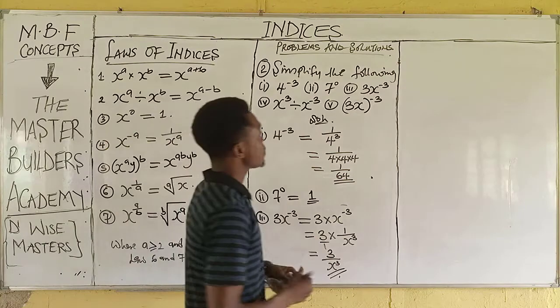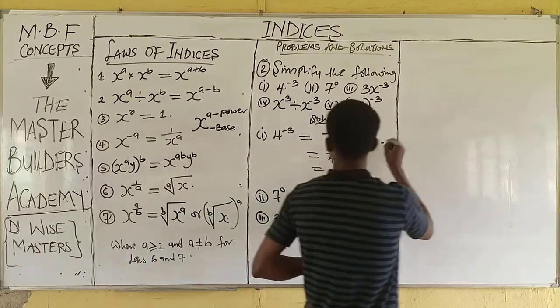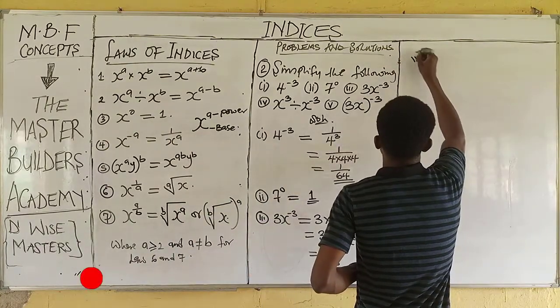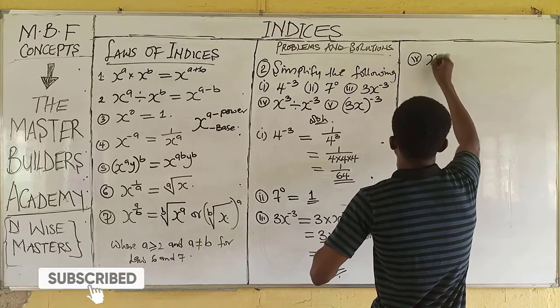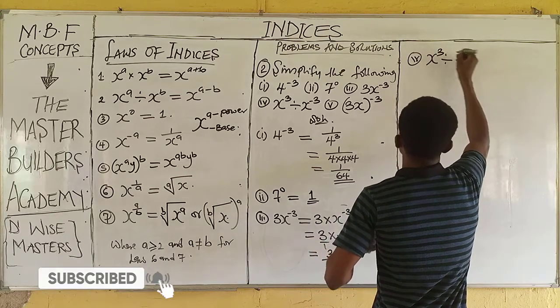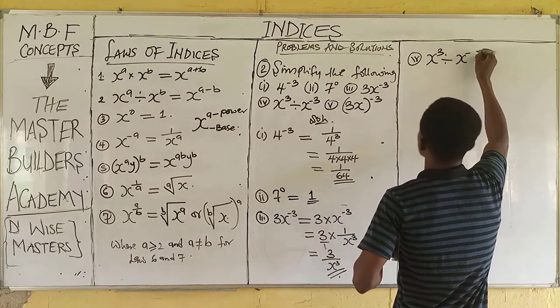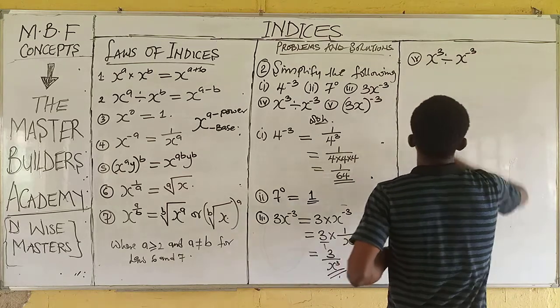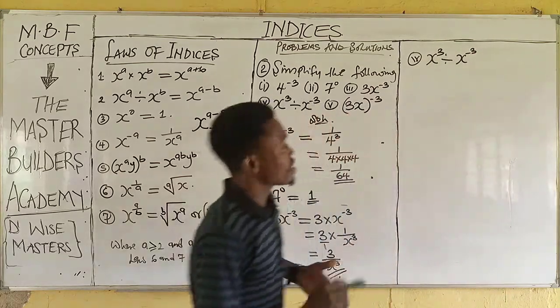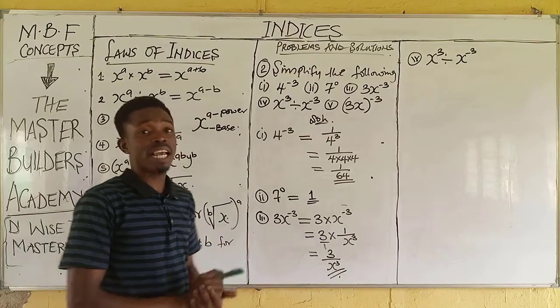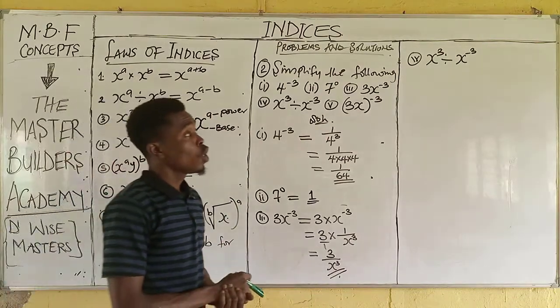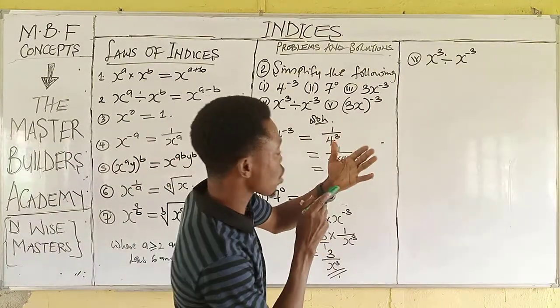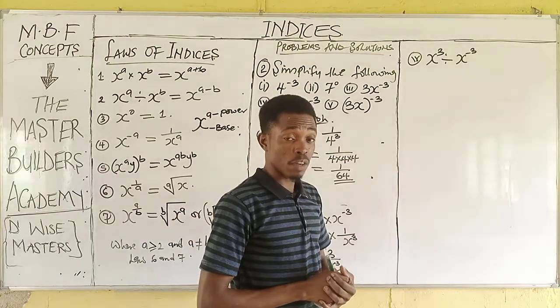Then we move to the next page of the board, and we have question number 4 on the board. Question number 4, we have x raised to the power 3 divided by x raised to the power minus 3. Now, we see that this question is a combination of 2 laws. First is the second law, second is the fourth law.